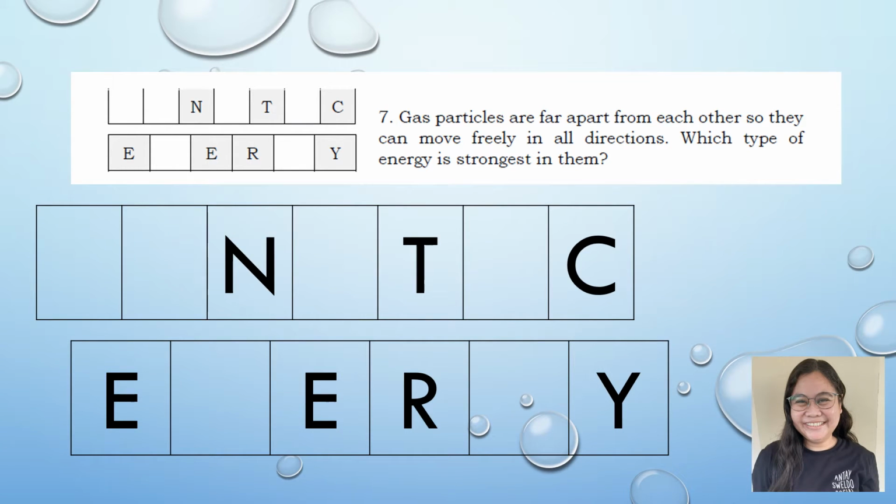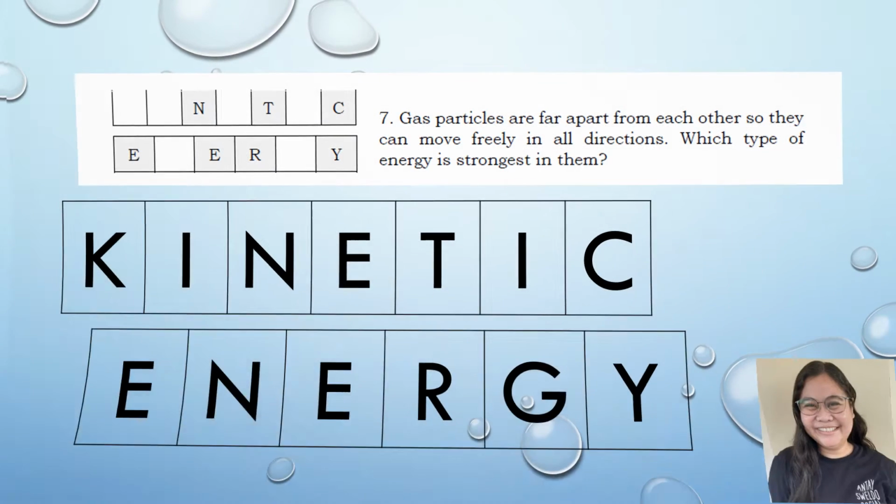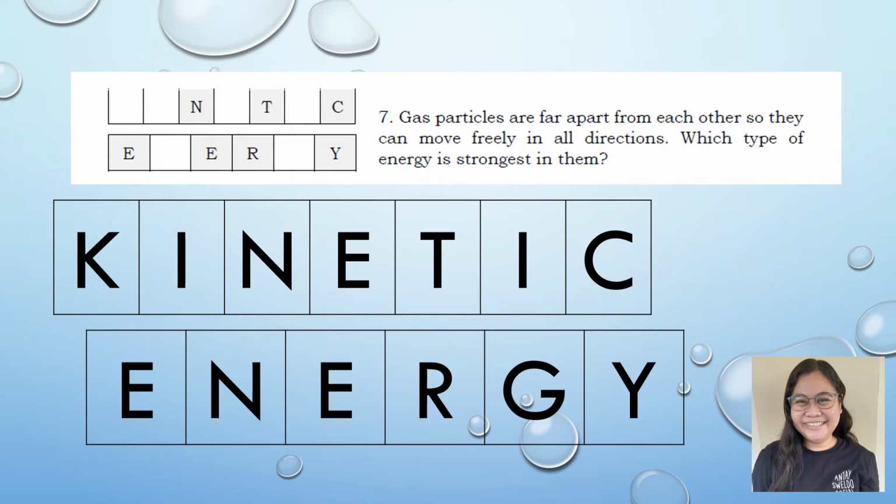Gas particles are far apart from each other so they can move freely in all directions. Which type of energy is strongest in them? Very good. Kinetic energy is the type of energy that gas particles possess.